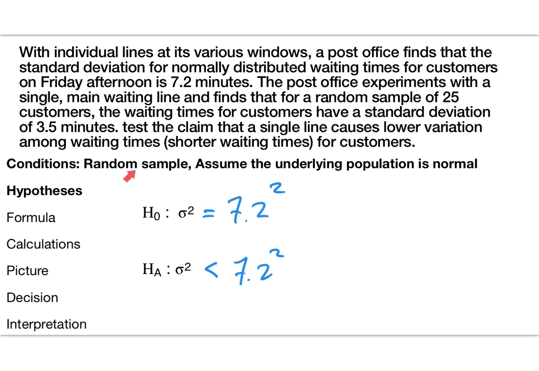So my conditions were, it's a random sample. That has to be true. We have to assume that the underlying population is normal, which it says up here that it follows a normal curve. So that way we can use the chi-squared test for variance.